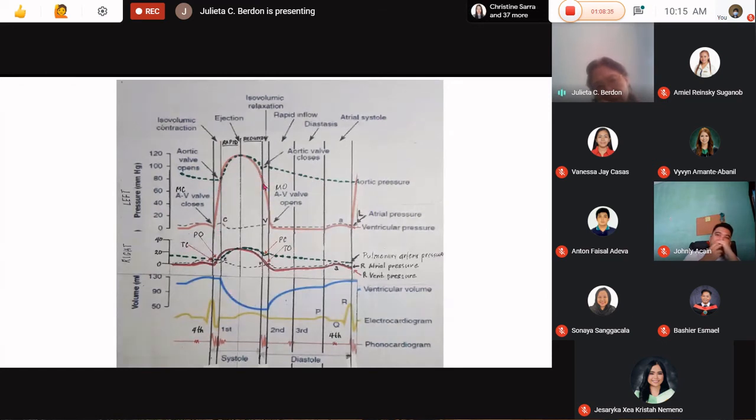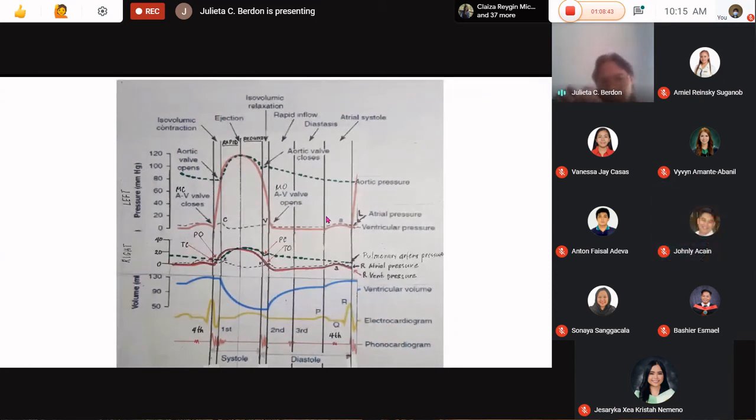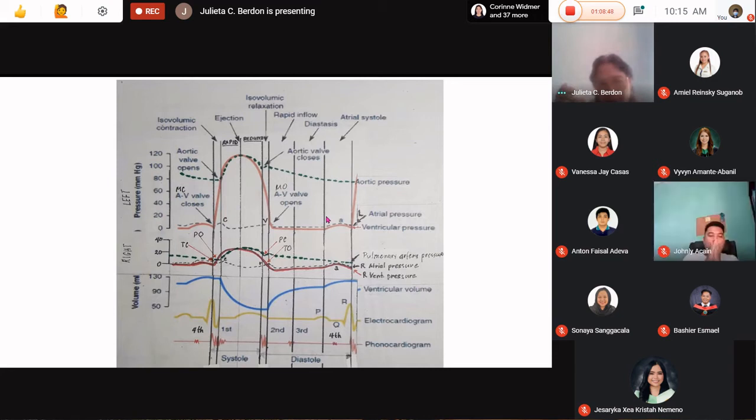I am very concerned about changes in pressure, what is happening to the valves, and changes in the volume here. Volume in the ventricle, because we are concerned here with cardiac filling also. So you need to note when the volume decreases.